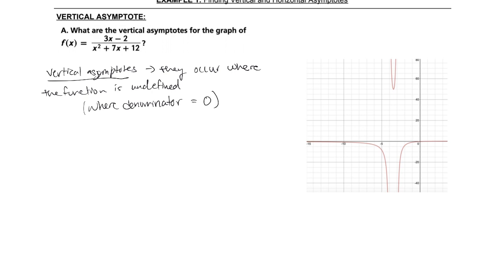Okay, so in order to solve for vertical asymptotes, we need to look at our function right here, and we need to set the denominator equal to 0. So our steps to solving, step 1 is set the denominator equal to 0.